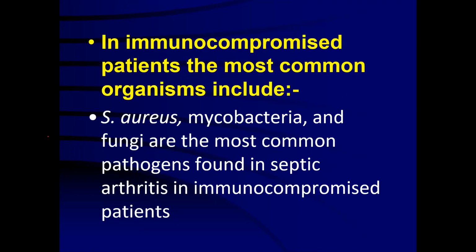In immunocompromised patients, the most common organisms include Staph aureus, mycobacteria, and fungi. These are the most common pathogens found in septic arthritis in immunocompromised patients. So you have to keep this in mind.